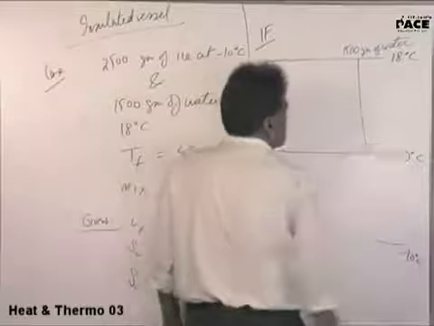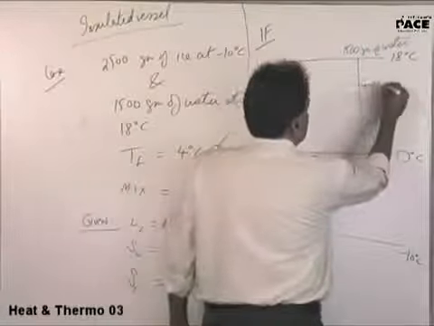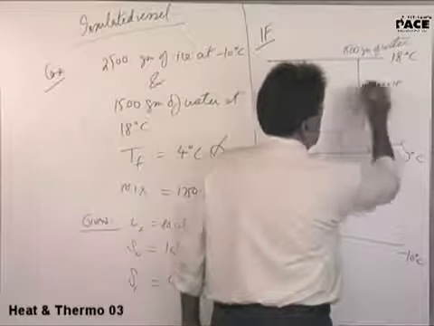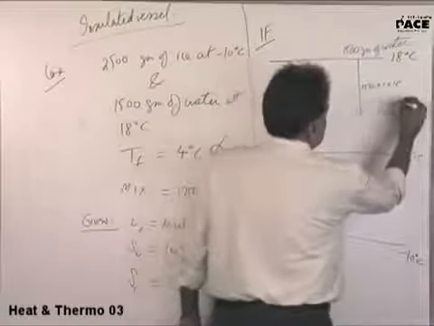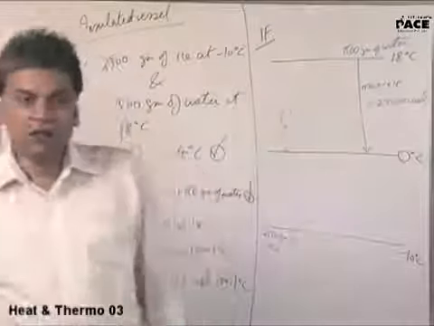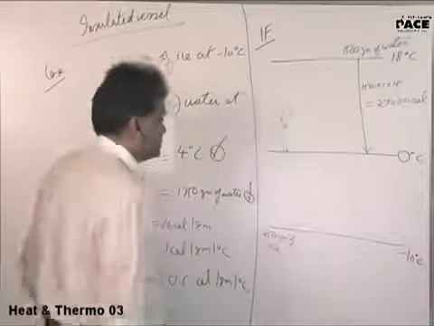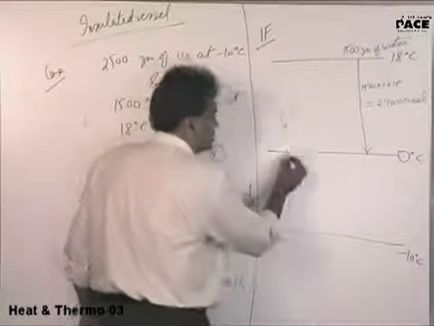How much heat is available? That will be 1500 into 1 into 18, which we had done earlier also. 27,000 calorie is available if all the water comes to 0. How much heat is required for all the ice to go to 0?